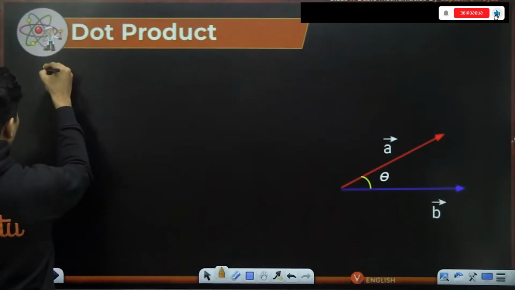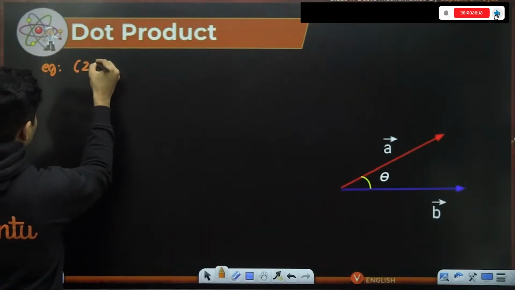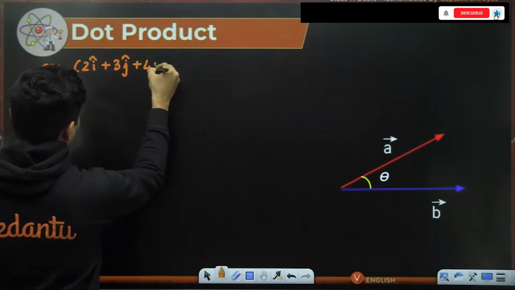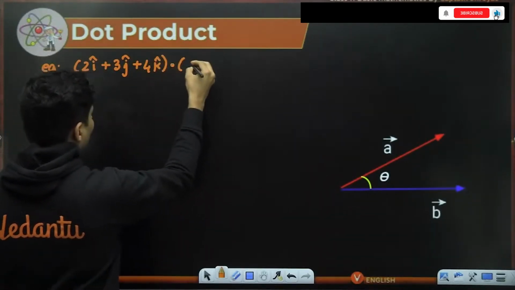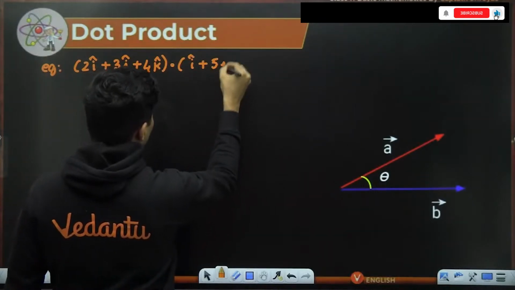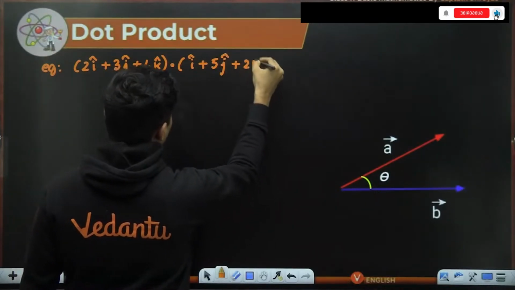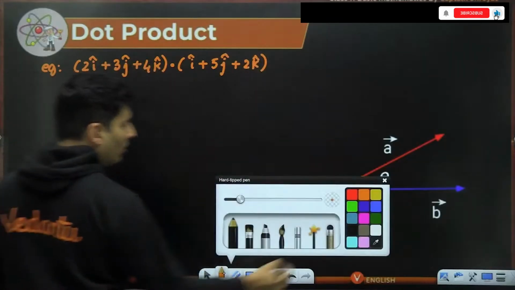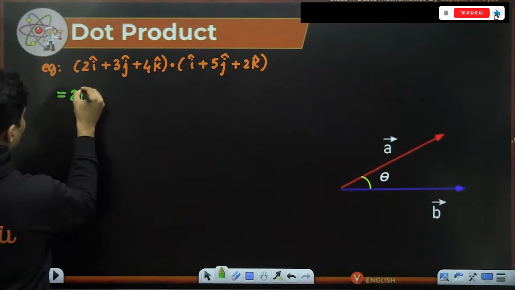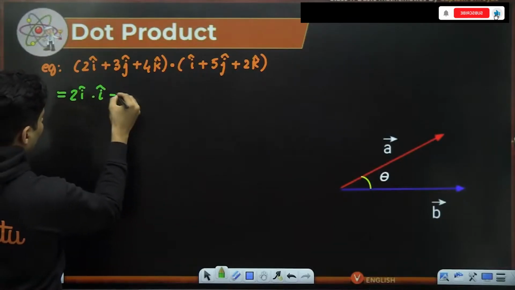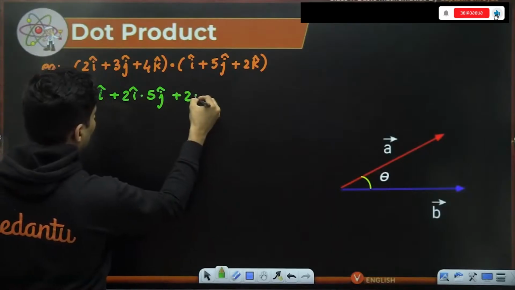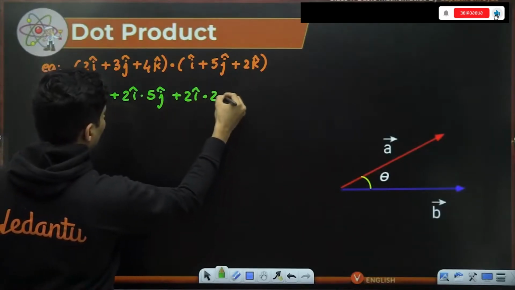Okay, fine, my dear. What if it is 2I cap plus 3J cap plus 4K cap dot I cap plus 5J cap plus 2K cap? Oh my God. Now so many terms will come. Start off individually. So you will have 2 I cap multiplying with I cap. Then you will have 2 I cap multiplying with J cap. Then you will have 2 I cap multiplying with 2K cap.